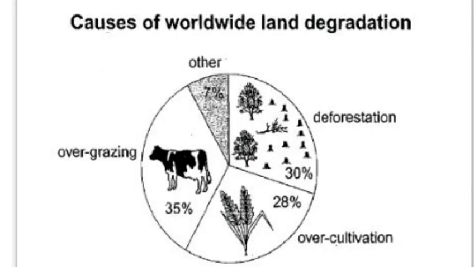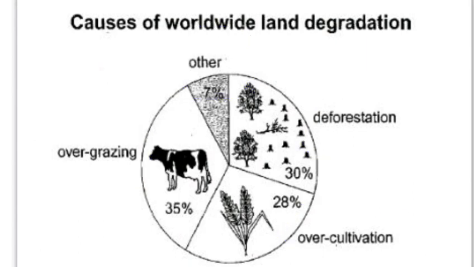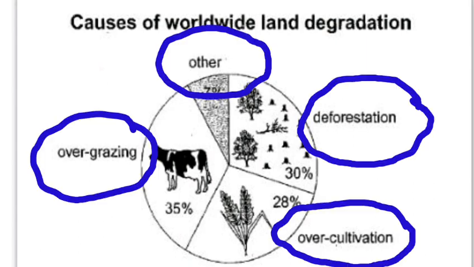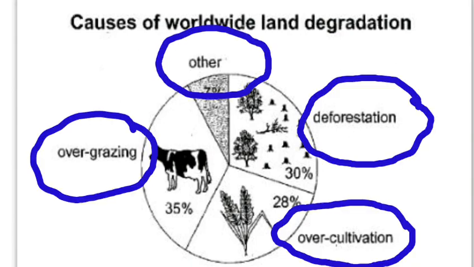So, what are the causes of land degradation? Students, here are a few causes due to which land is now degraded. First is deforestation. In deforestation we cut more and more trees, and it is the main reason for land degradation. Second, the excessive use of fertilizers and pesticides.